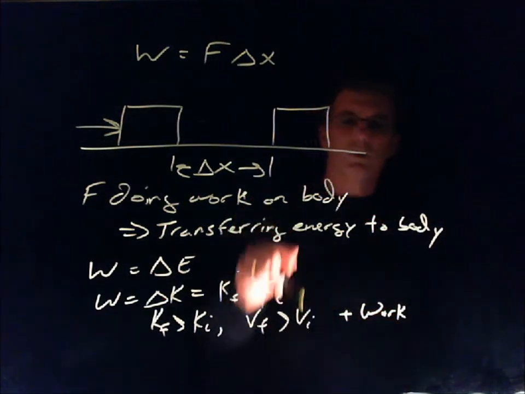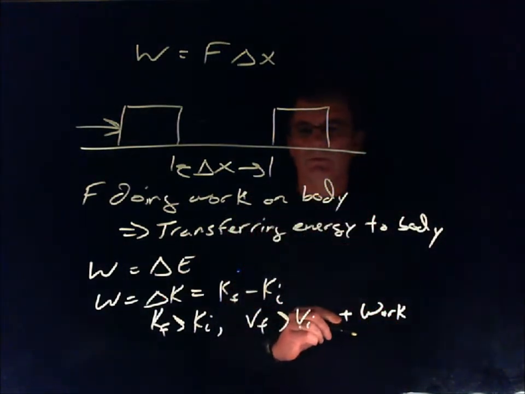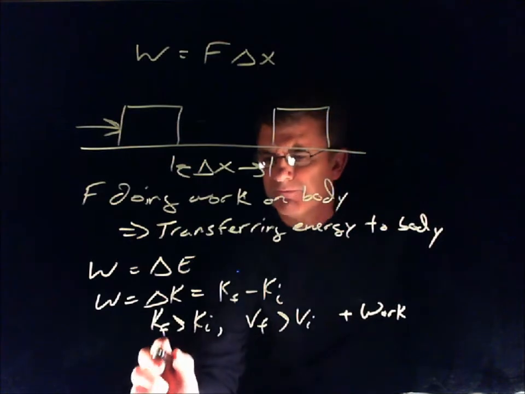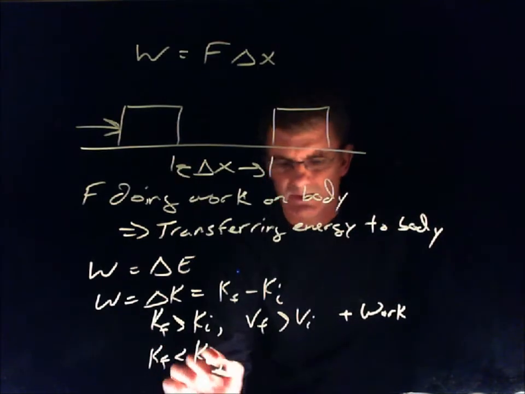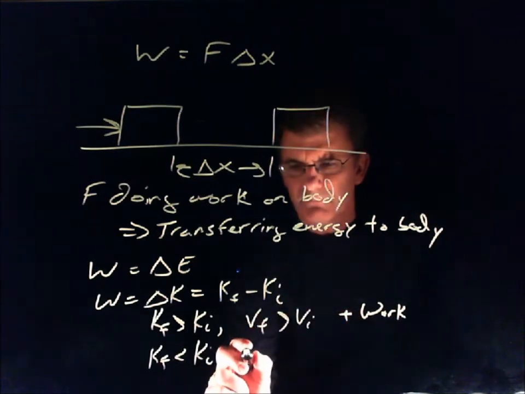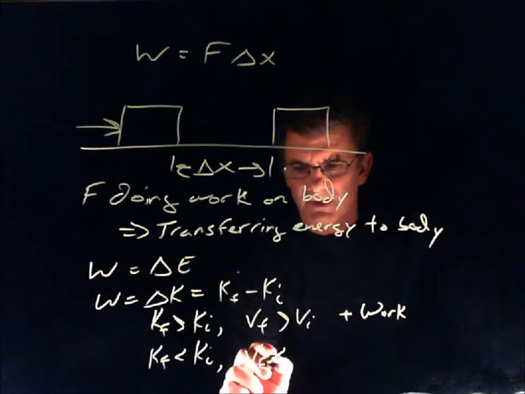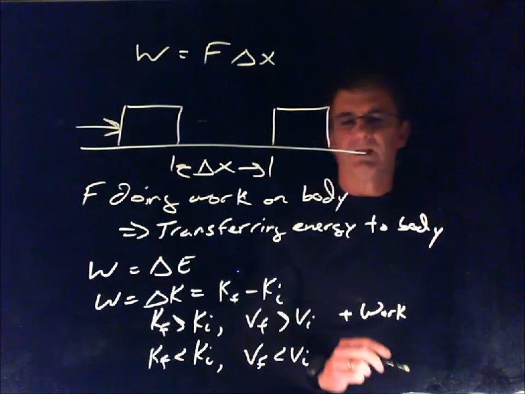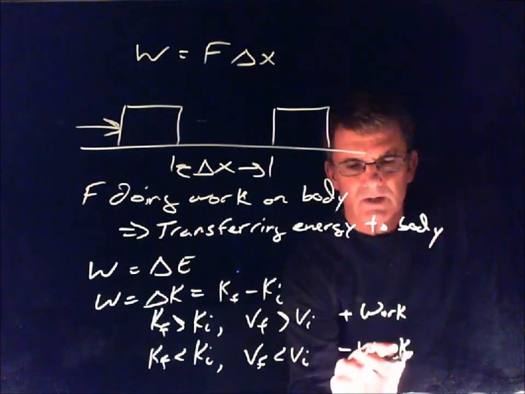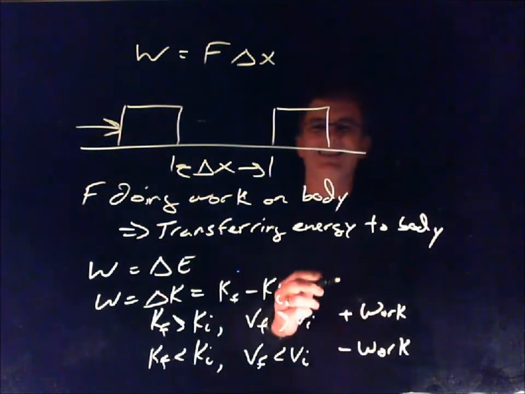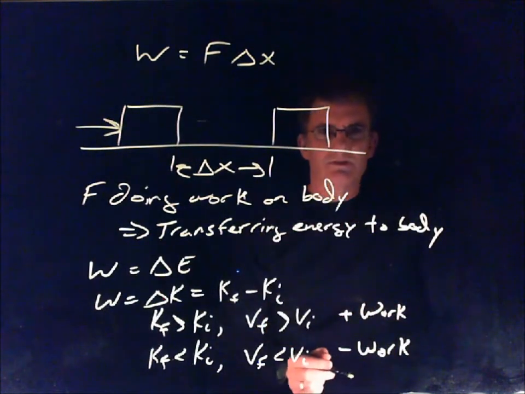We're doing work, we're adding energy into the body. If final kinetic energy is less than our initial kinetic energy, then that means final velocity is less than initial velocity. This is our negative work. And what's happening here is that the body is doing work on something else.